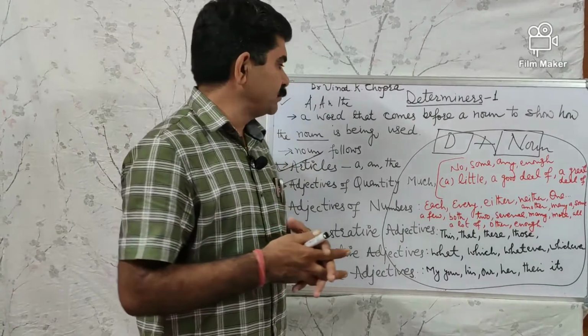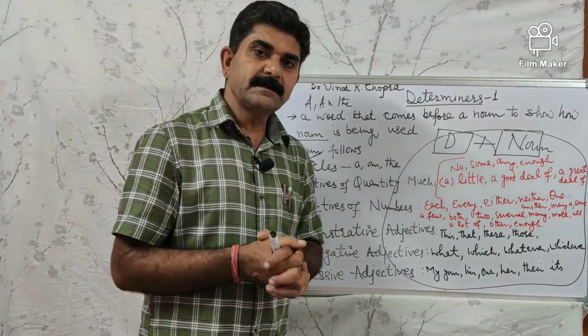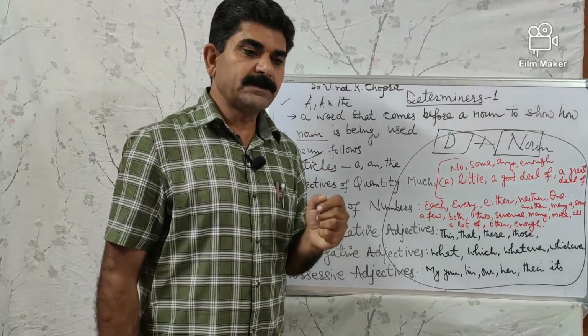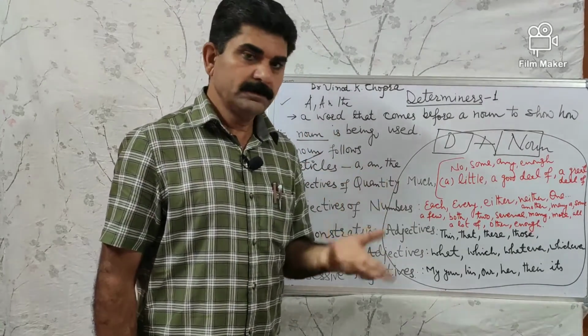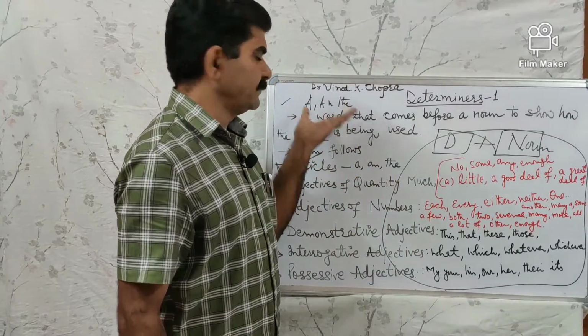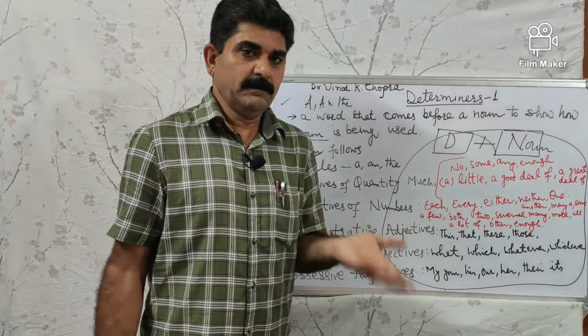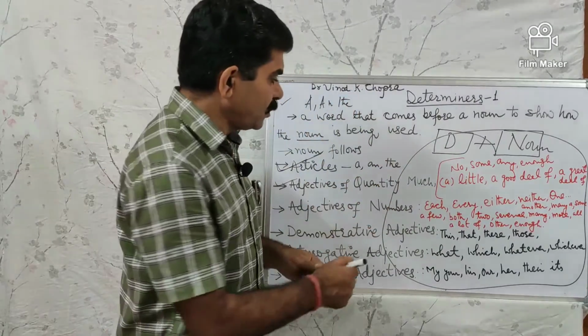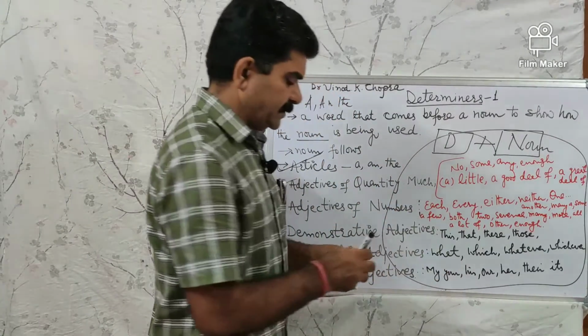He is just trying to confuse you, saying fill in the blanks with determiners. You will say no, we have been given only articles, I don't know what a determiner is. Articles are determiners. All these words are determiners.